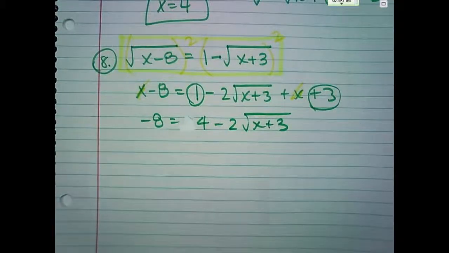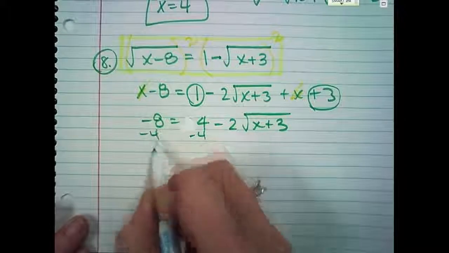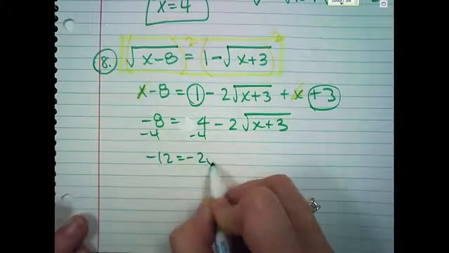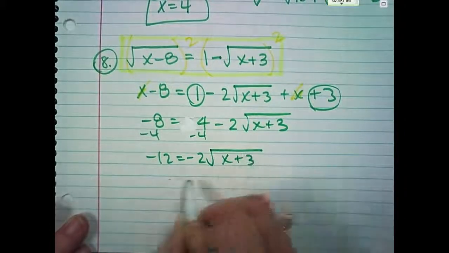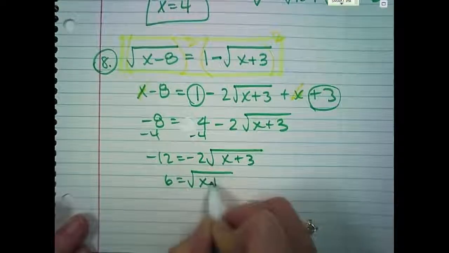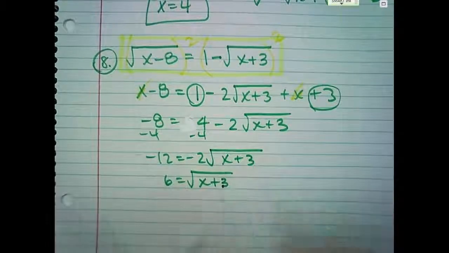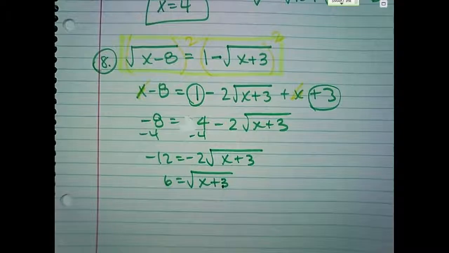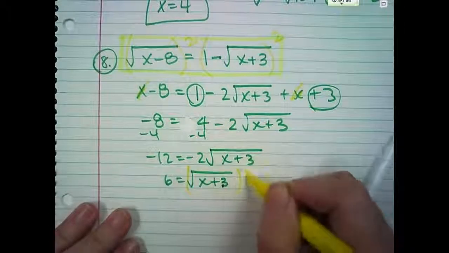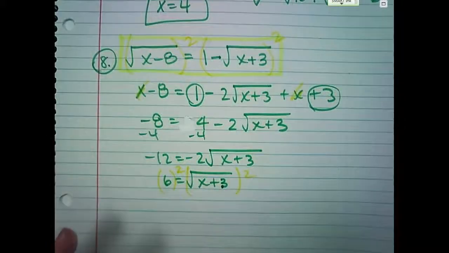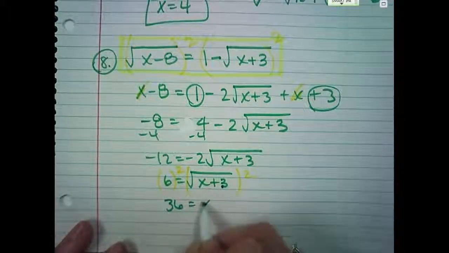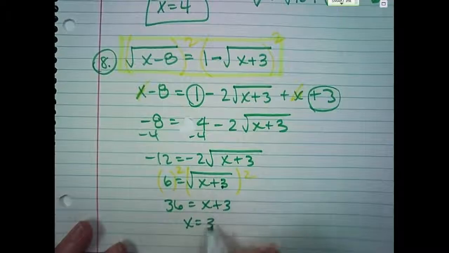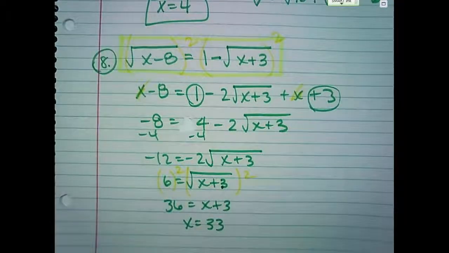I'm going to move the 4 over. And divide by 2. Now to solve for x, you're going to square both sides again. So x is 33.